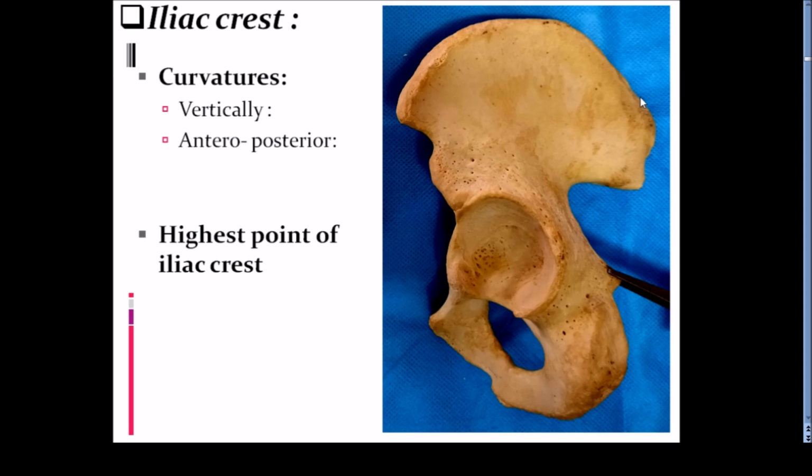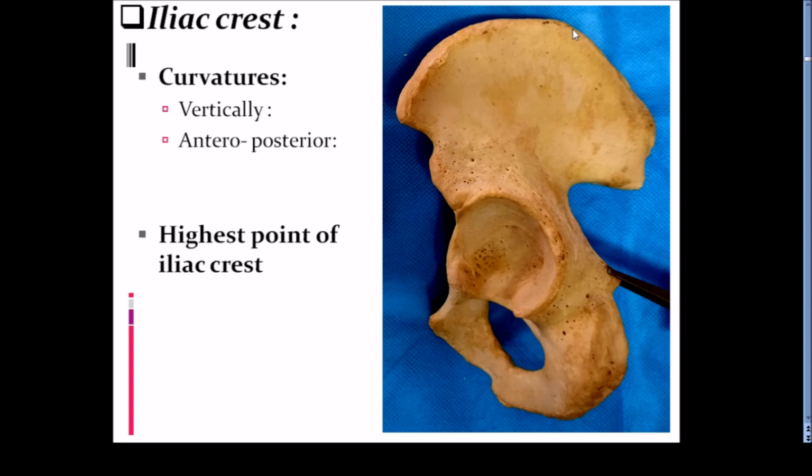Now what is the highest point of the iliac crest? The highest point lies just behind the midpoint of the iliac crest. This is the anterior end of the iliac crest and this is the posterior end. So this is approximately the midpoint, and just behind it, somewhere over here, is the highest point of the iliac crest.